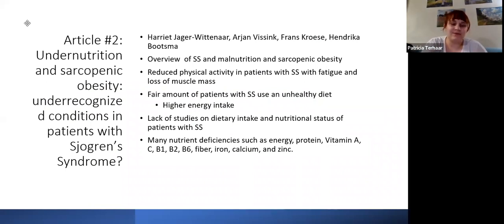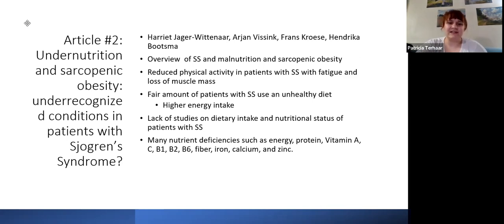What they found was reduced physical activity in patients with Sjögren's syndrome, which they saw as a cyclical point for fatigue and loss of muscle mass. So each informs the other: Sjögren's syndrome leads to fatigue, which leads to loss of muscle mass, which in turn goes back the other way as well.